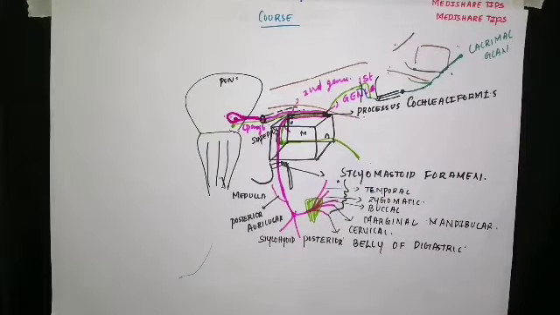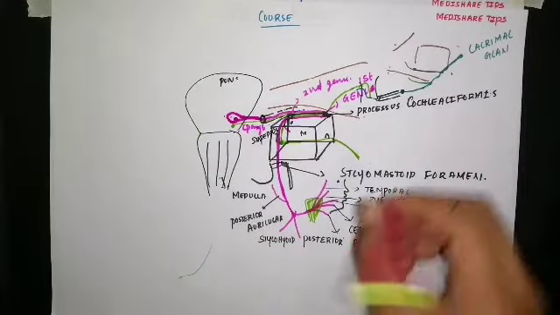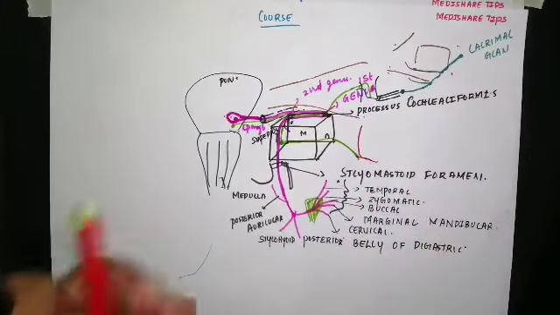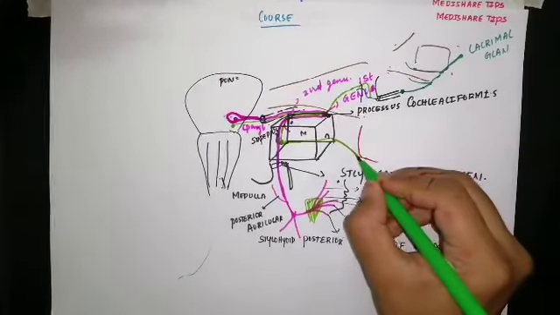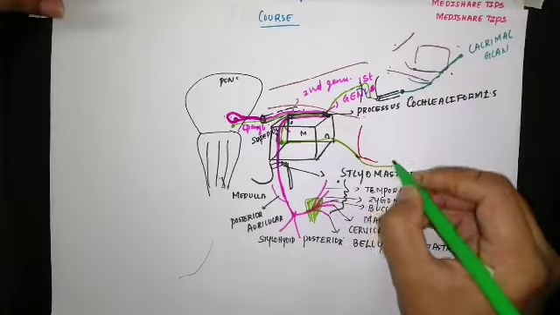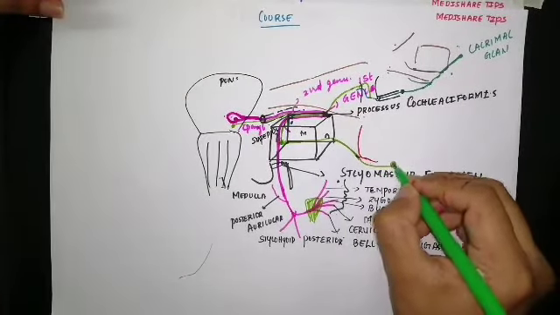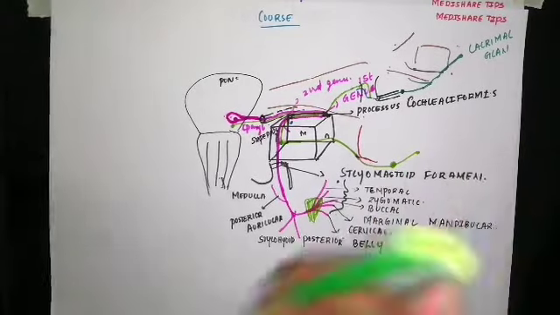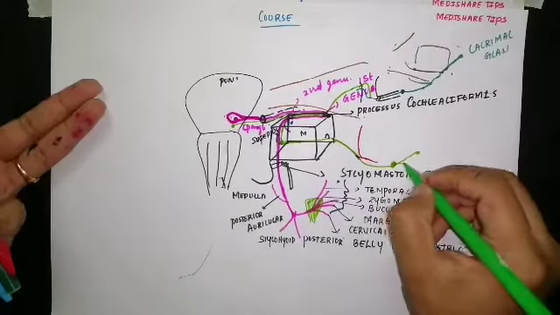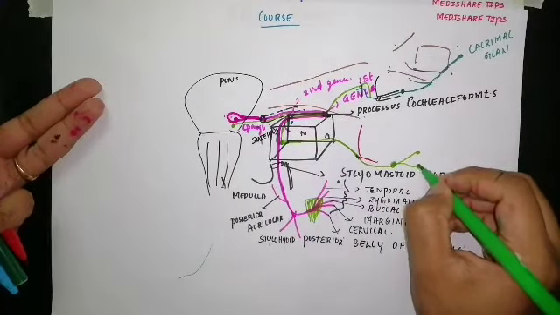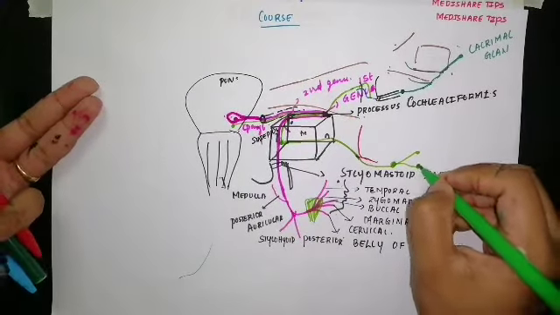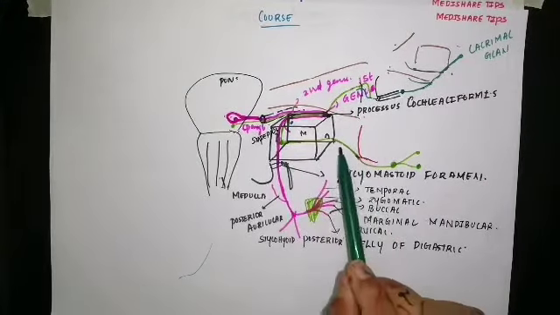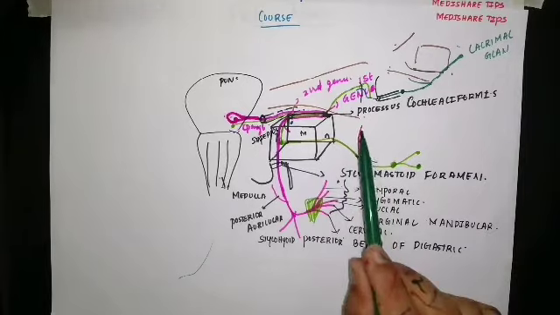Then it is joined by another nerve which is known as the lingual nerve. The chorda tympani relays in the submandibular ganglion, and it supplies the sublingual and submandibular glands. So the chorda tympani exits through the petrotympanic fissure and joins with the lingual nerve.